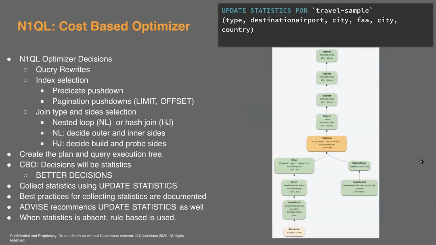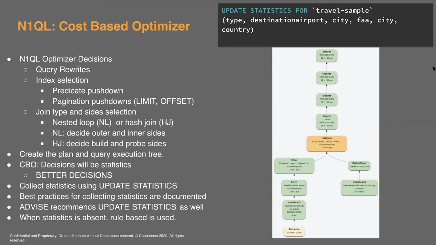So let's look into the details of what this optimizer does. What does a typical optimizer do? And that's true of the Nickel optimizer as well. First, it looks to rewrite the query so that it can be optimized better given the capabilities of the optimizer. Then it does index selection if indexes are available for each of the collections it has to access.